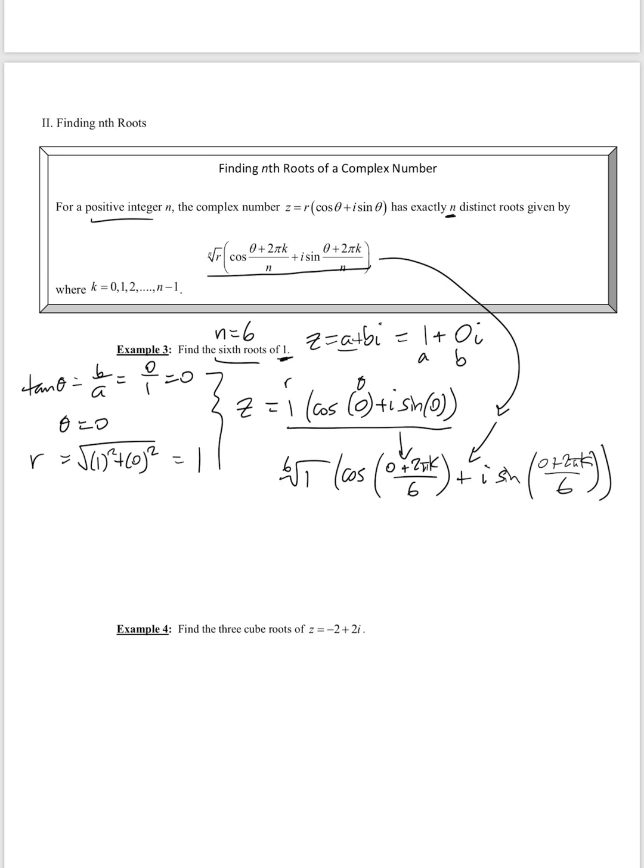And now, here's where things get a little interesting. There's that weird k in there. K normally is just any integer, any integer that we're multiplying by 2 pi so that we get some multiple of 2 pi, so that we can go round and around the unit circle and keep coming back to our same starting position.